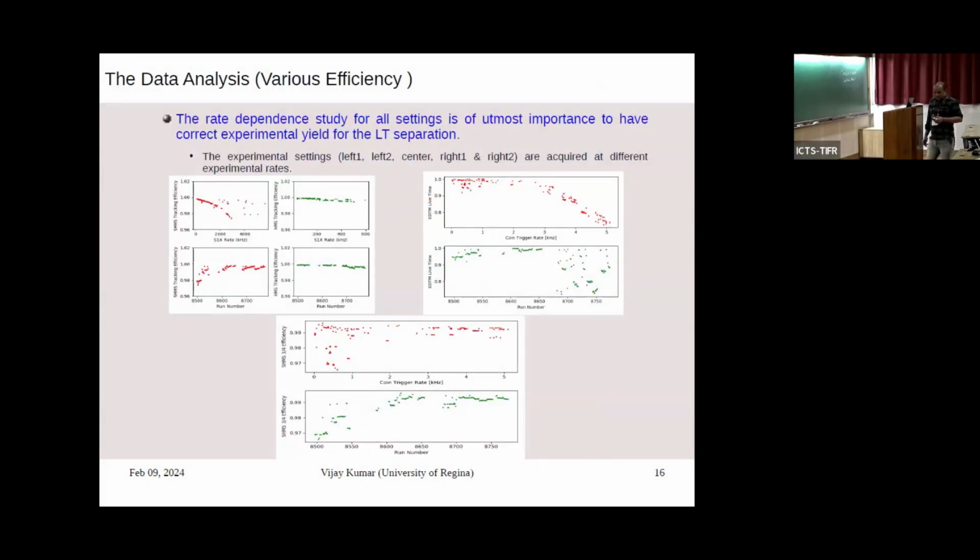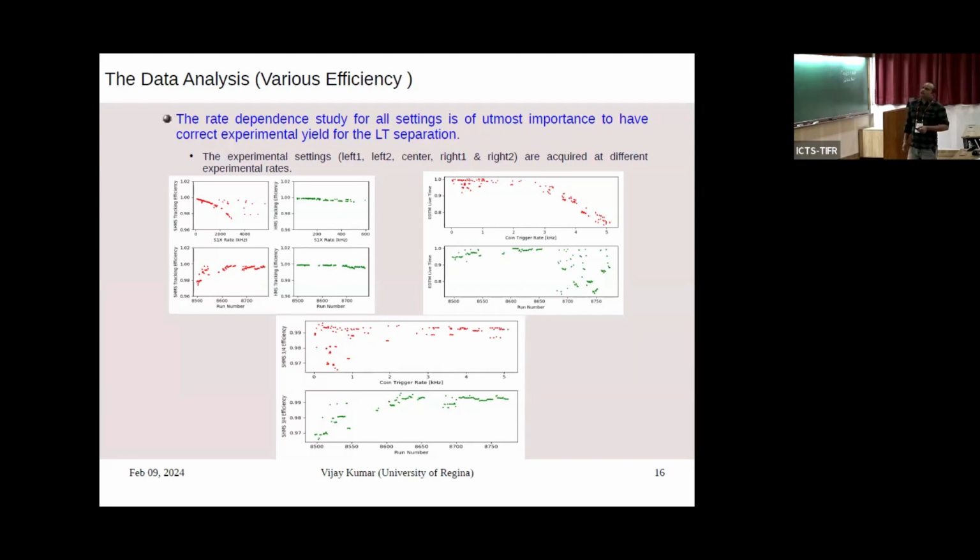And now we come to the analysis section. As I said, in all these settings, left 1, left 2, right 1, right 2, they acquire different experimental rates. So for that purpose, we first need a proper understanding of all these efficiencies. Here I have the tracking efficiency for both spectrometers, HMS and super HMS, and here this is the total lifetime, the computer lifetime, CPU lifetime, including the electronic lifetime.